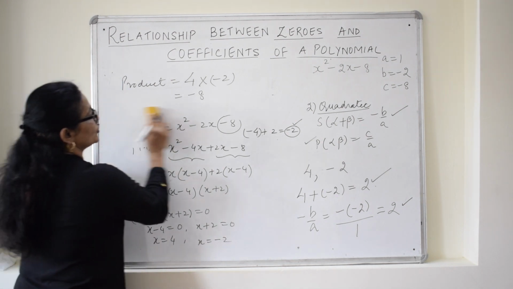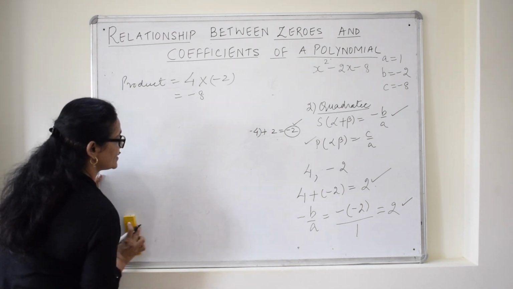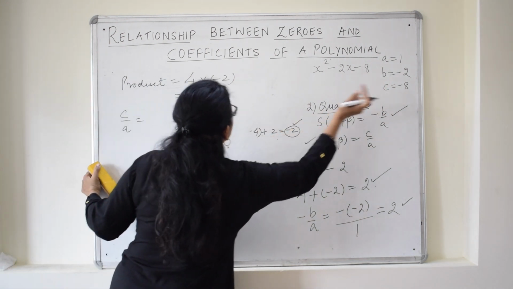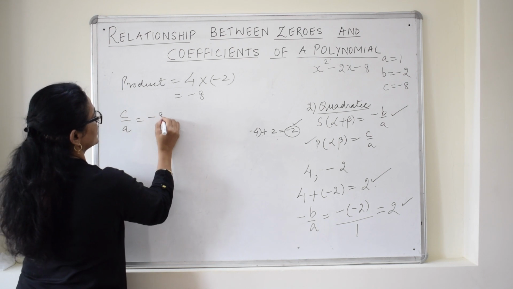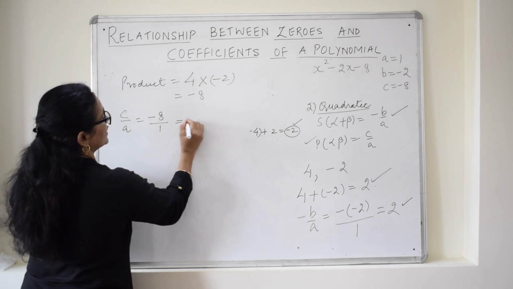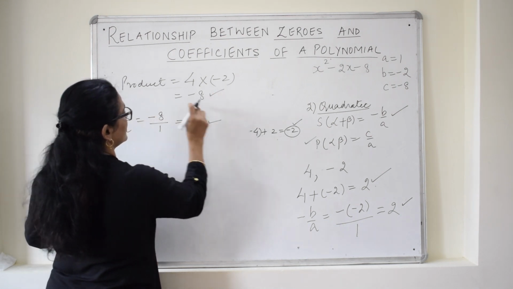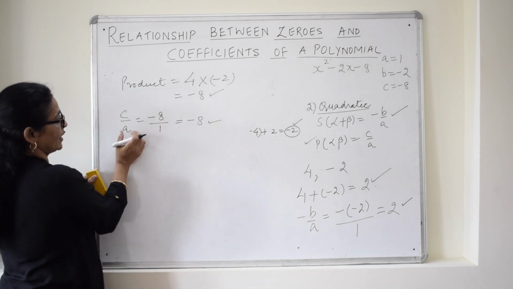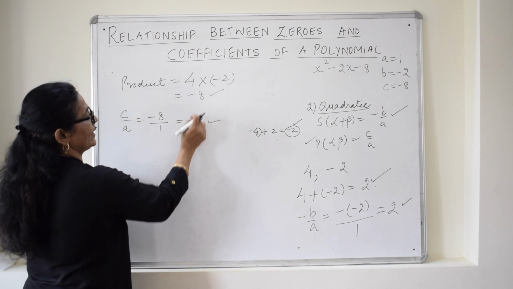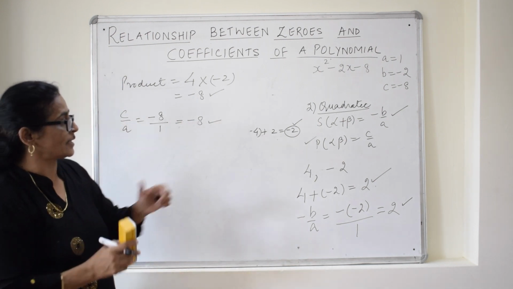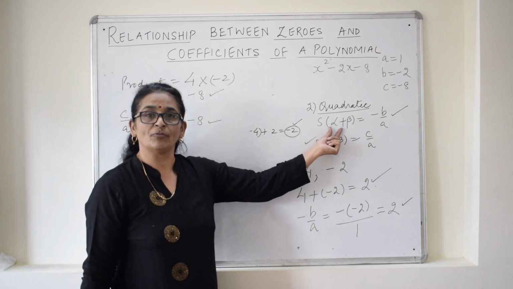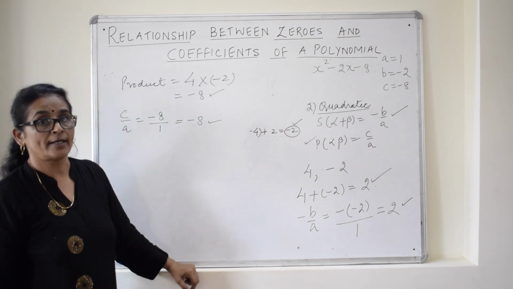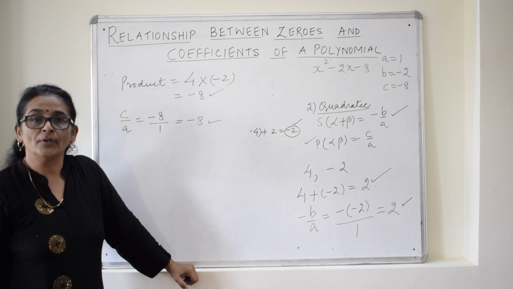So we will check this c upon a. c is minus 8 and a is 1. So we have observed that on actually multiplying, meaning finding the product, and applying this relation, it is the same. So it is verified that the sum of the zeros of a polynomial is minus b upon a and the product of zeros of a quadratic polynomial is c upon a.